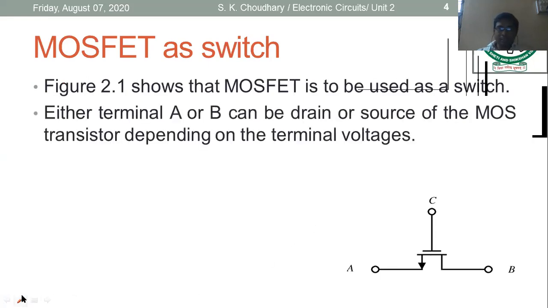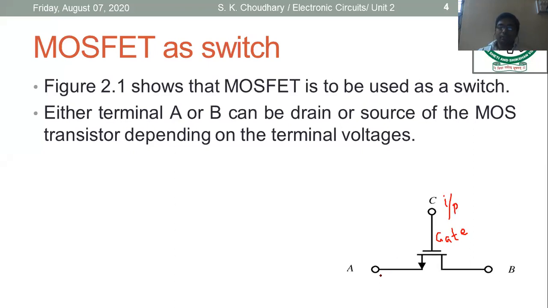Here you can see there are three terminals, A, B, and C. C is the representation of the gate. You can easily identify that it is connected to the gate terminal, and to the gate terminal we always provide the input. So C is acting as the input terminal.